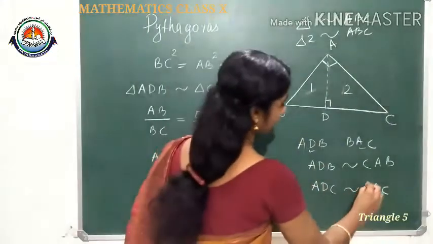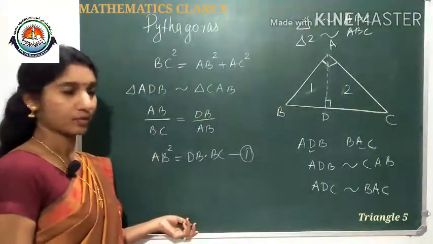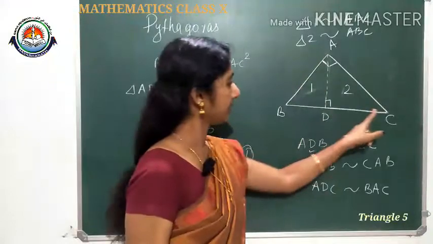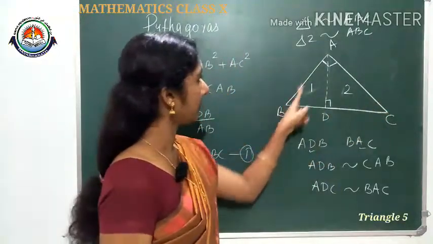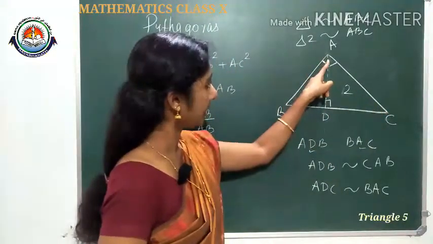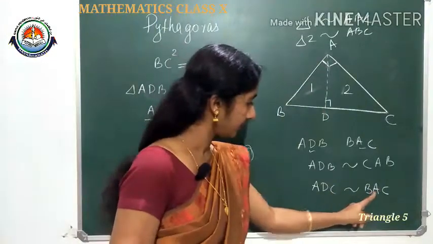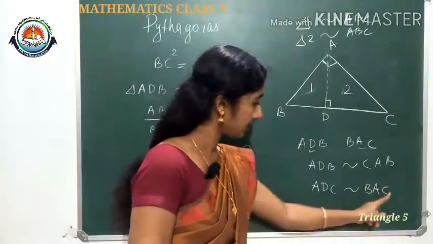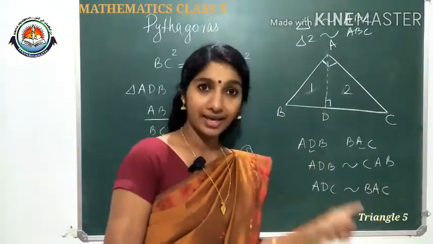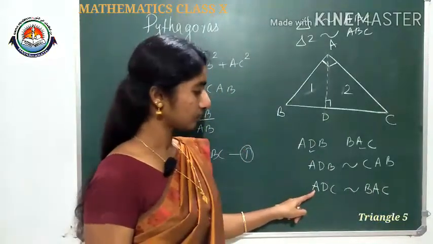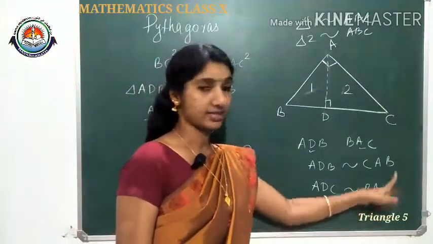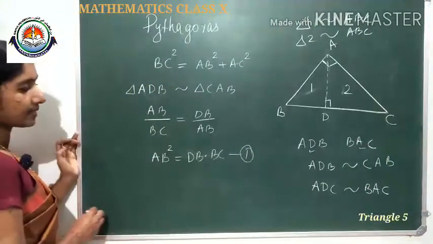So we are getting BAC. ADC is similar to BAC. Since A and D are 90 degrees and C is common to them, by AA criteria you can give the proof for ADC and BAC. So we have ADC similar to BAC.